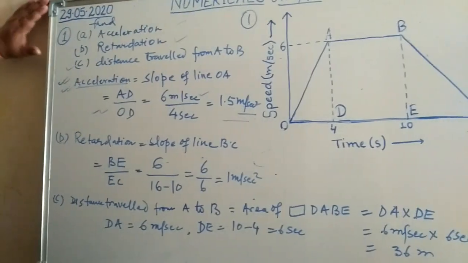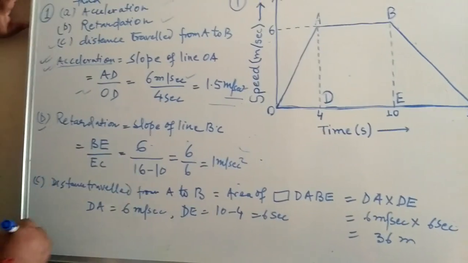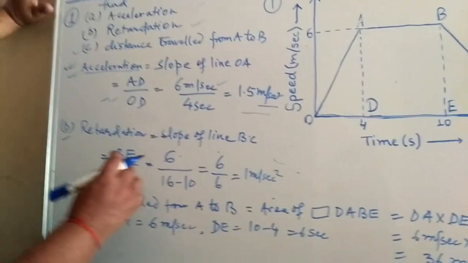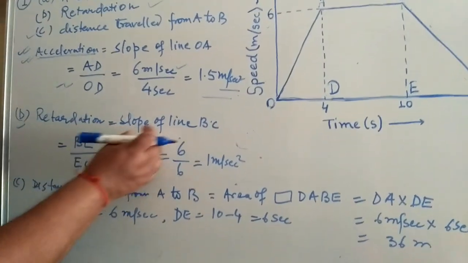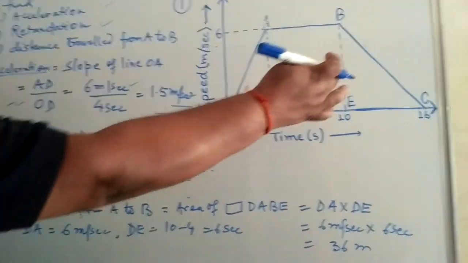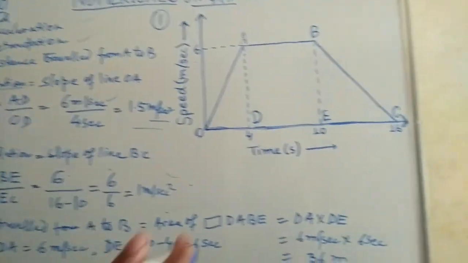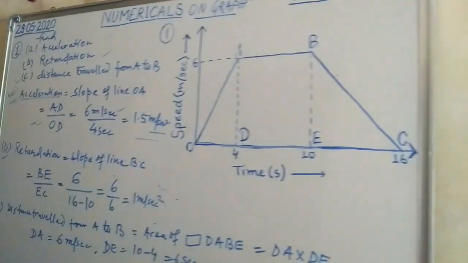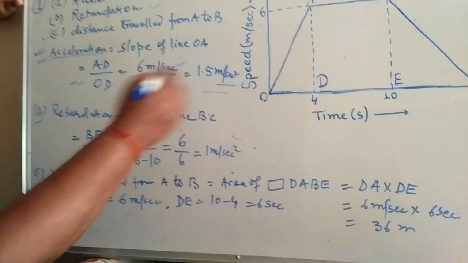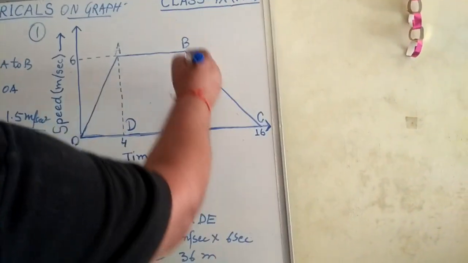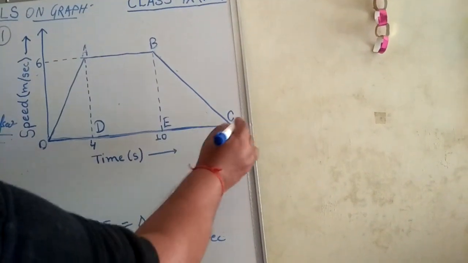Second one, retardation, which is also known as negative acceleration. And like acceleration, retardation is also denoted by the slope of line BC here. You see that, and likewise the first one, this BC is represented by BE and EC.